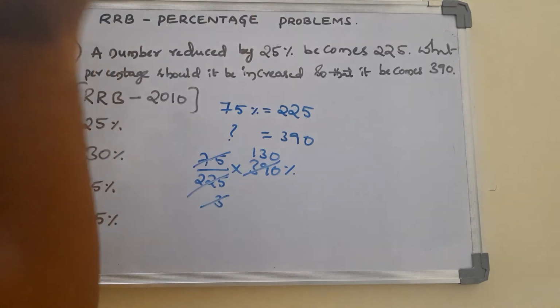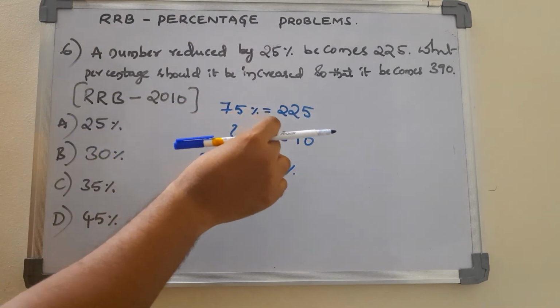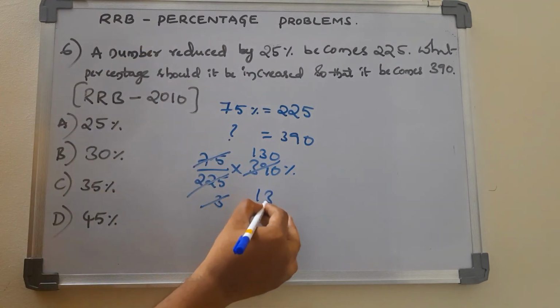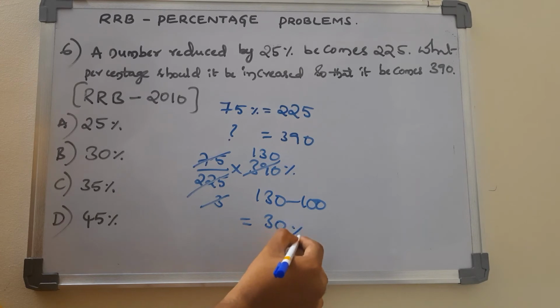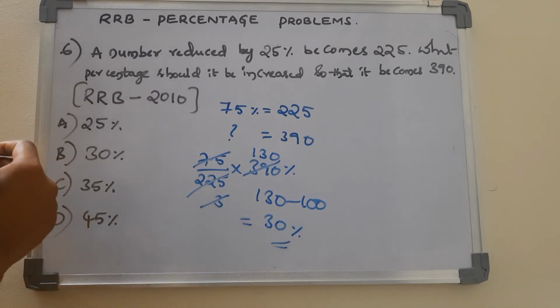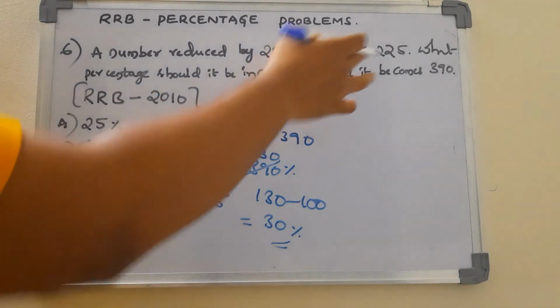But we already took the number as 100%, so just minus that 100% here, and we get 30%. The number should be increased by 30% to become 390.